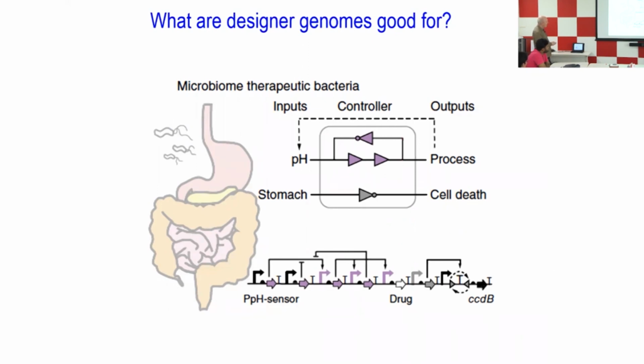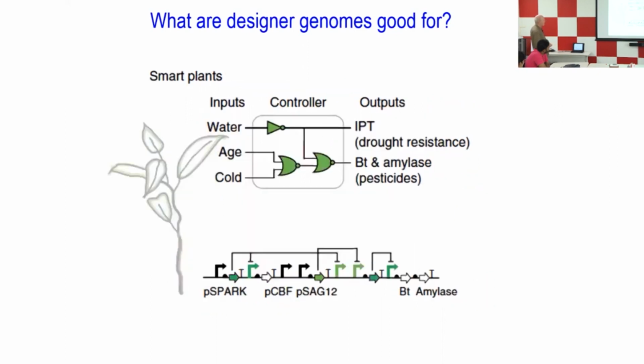So, for instance, if you have a high pH, then you may have some acidity problem in your stomach, and then you may introduce a circuit that will detect this problem and will produce a drug that might counteract it, okay?